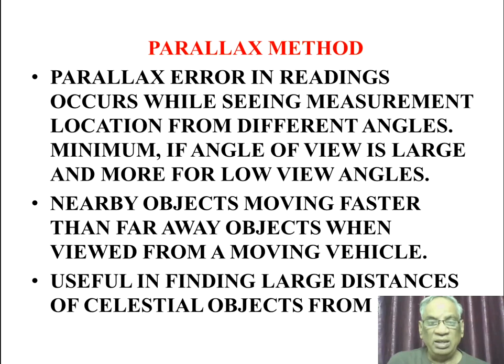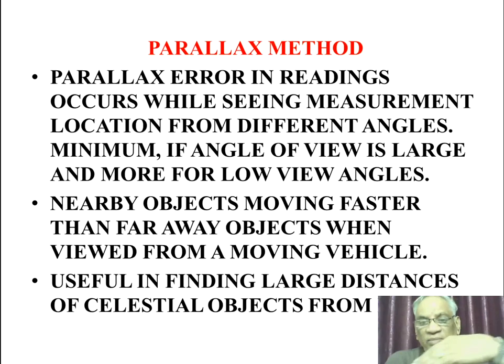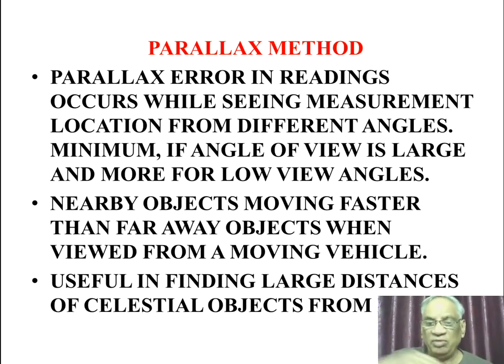If you look from one angle, the point of observation will be different; from another angle, it will be different. If you look straight, the error is minimum. So at 90 degrees your reading is perfect. If your angle with the horizontal is 10, 30 or 40 degrees, then your error is more.